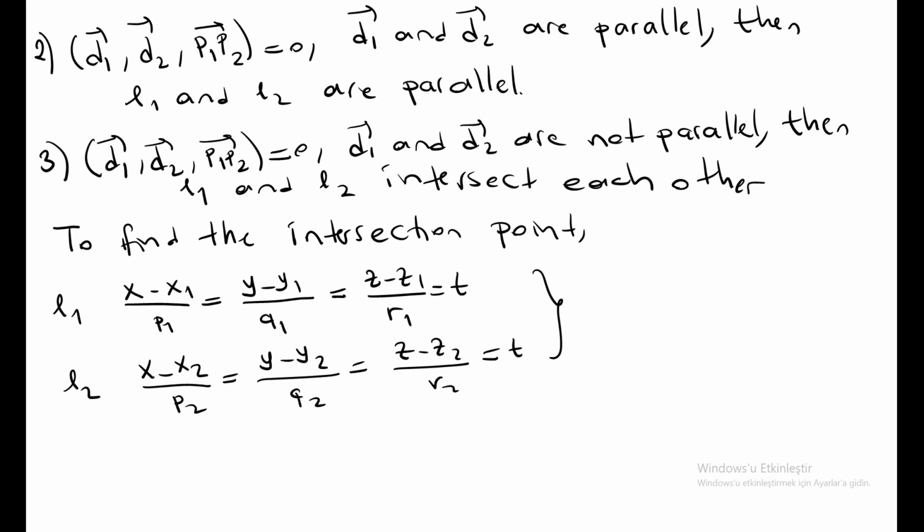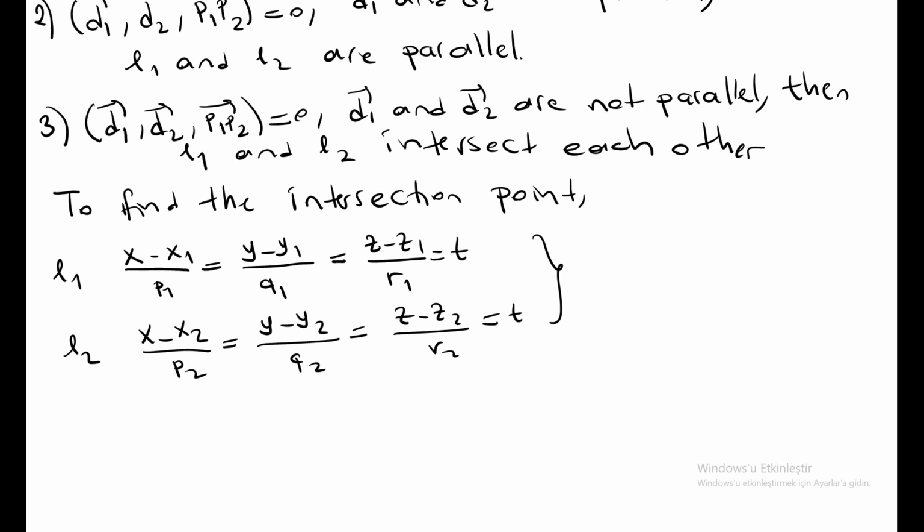So from these lines we have these equations. The first one, so x equals, okay, let me put this one lambda and mu. So first one is p1 times lambda plus x1. Second, q1 times lambda plus y1, and z, r1 times lambda plus z1.